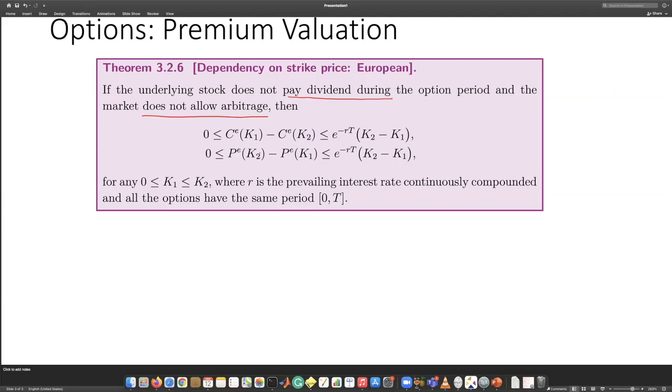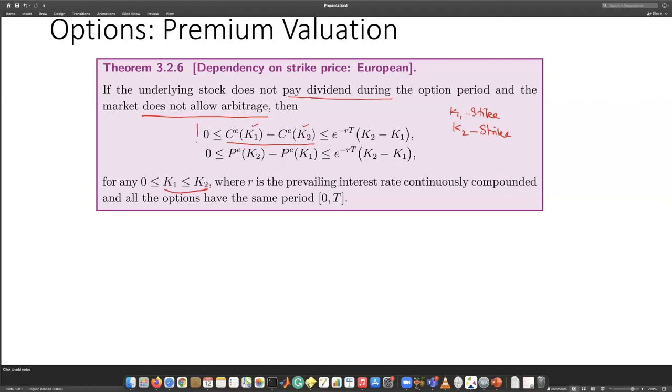Then suppose you have two options, say K1 strike and K2 strike, both with the same expiration. Then as far as the call option is concerned, the difference between the price of the call option with K1 strike and the price of the call option with K2 strike satisfies this condition, where K1 is less than or equal to K2.